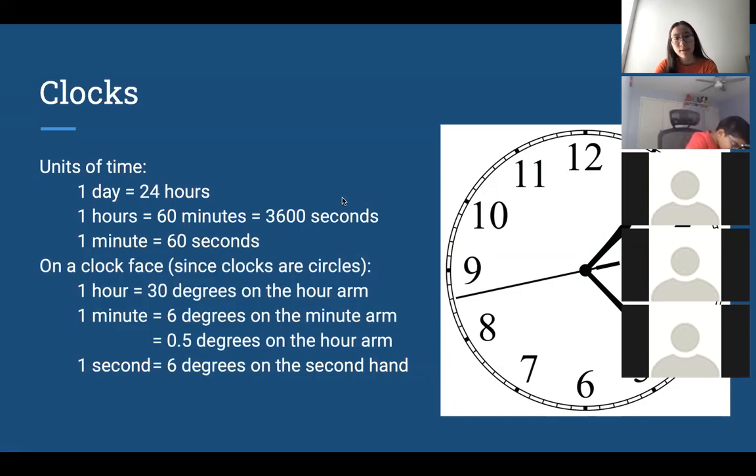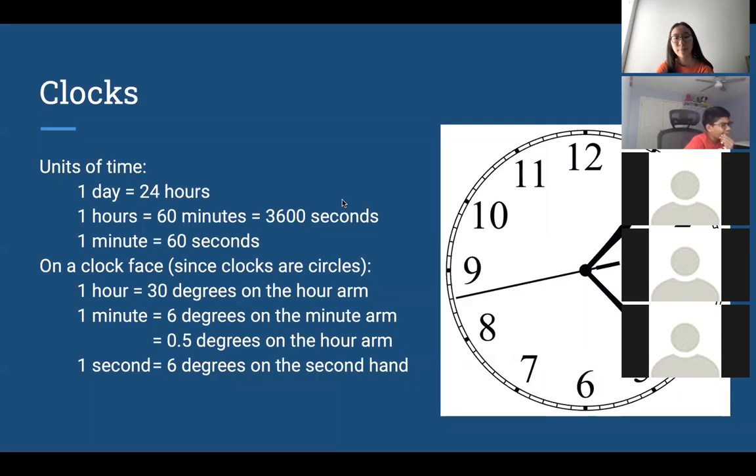Clock problems basically talk about things like 2 hours having passed: what is the angle between the hour and the minute hand? Or it's 6:30, find the angle between the hour and the minute hand. We're going to go into a bunch of them in a second, so you'll see.